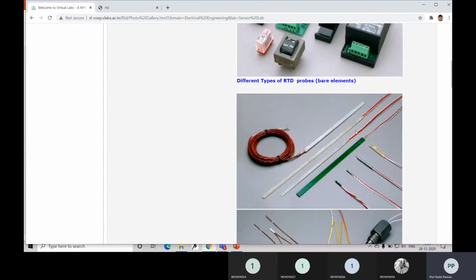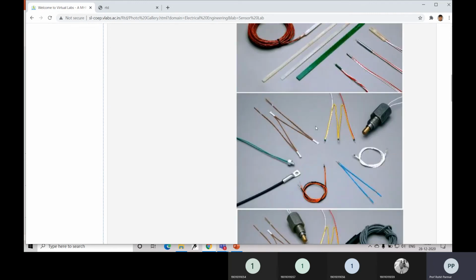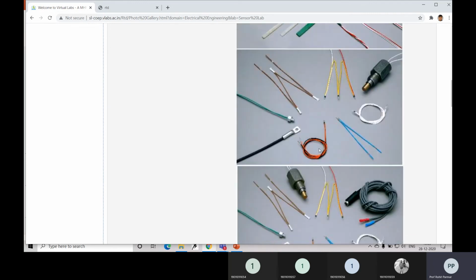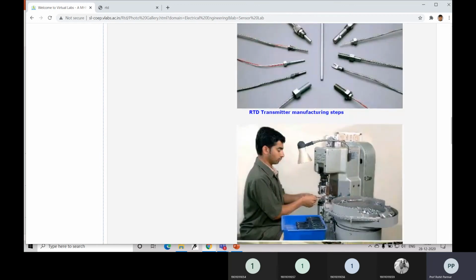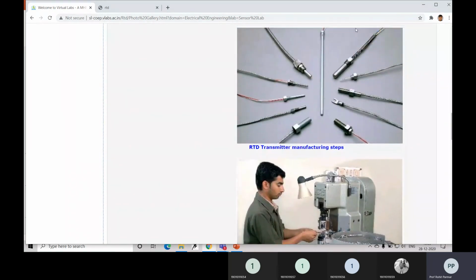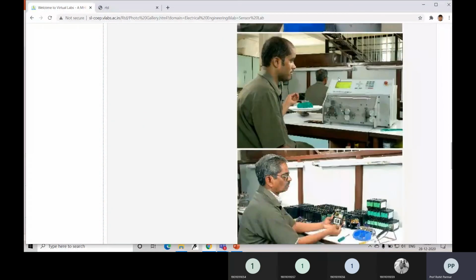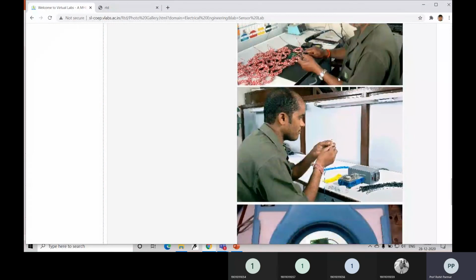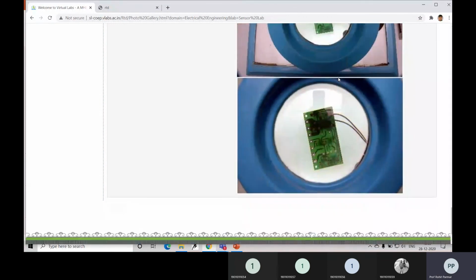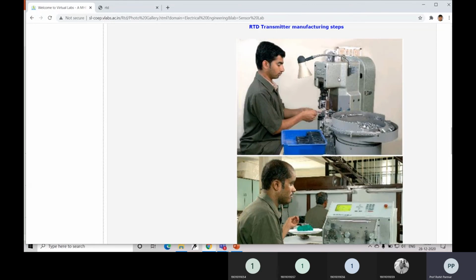These are some variations in the RTD, and various other variations in the RTD. And over here is the RTD manufacturing process, where various workers are working on the various parts of the RTD, shown in various images.